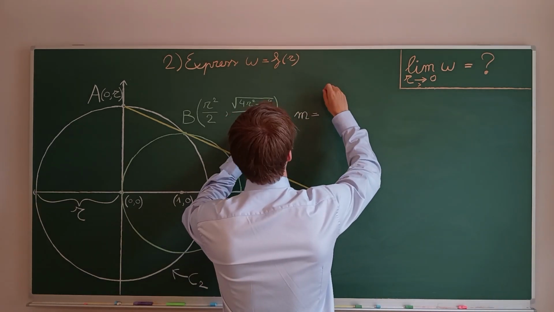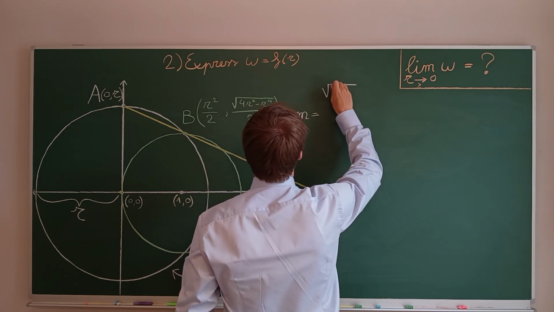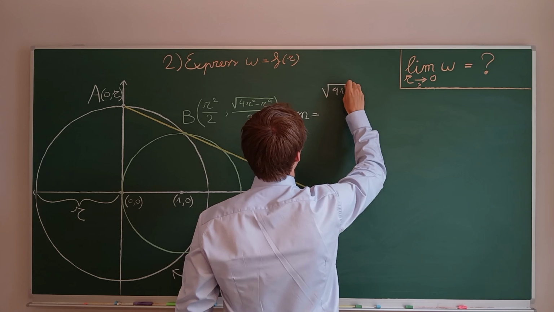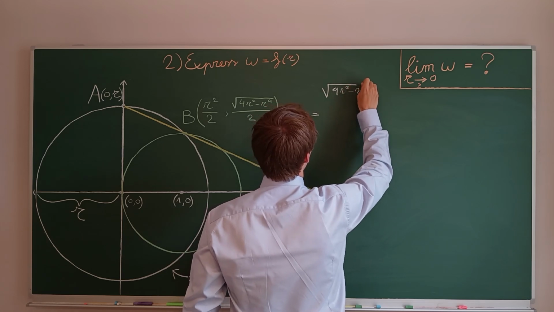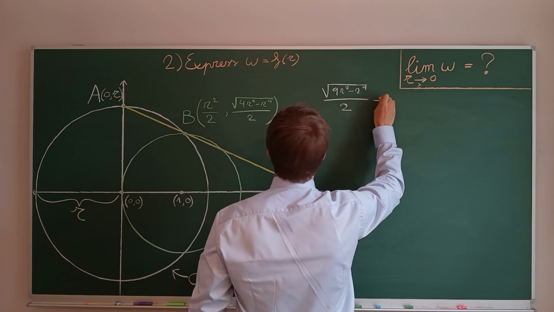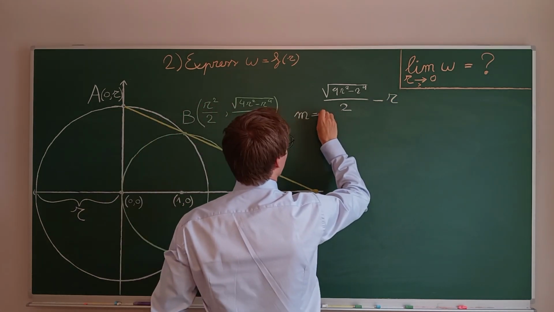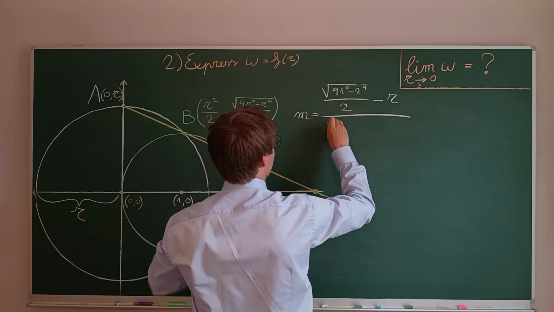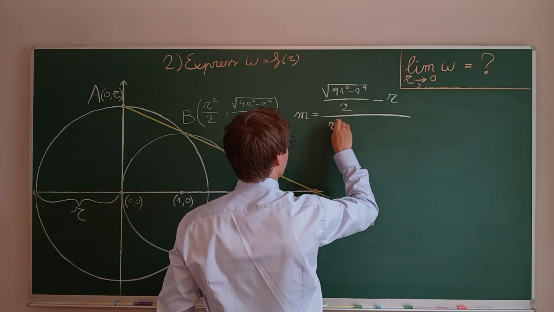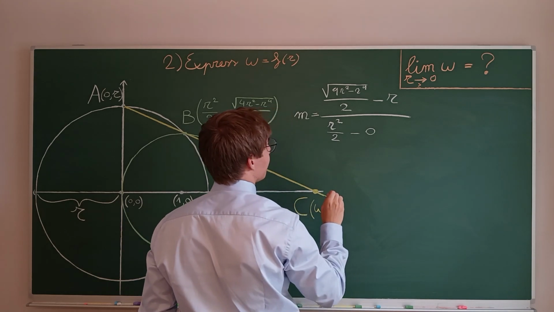This will be equal to this y value over 2 minus this y value, r, divided by this x value minus 0.